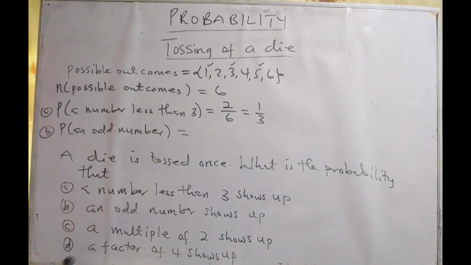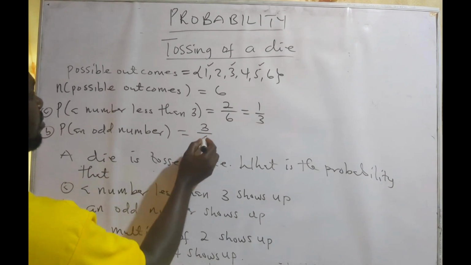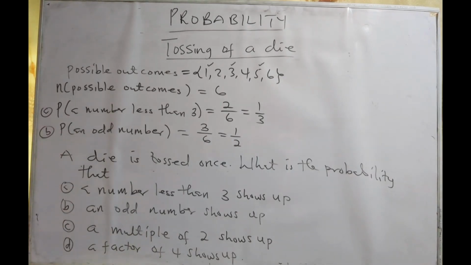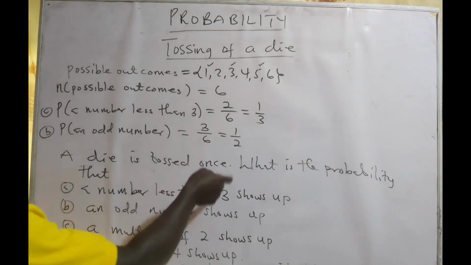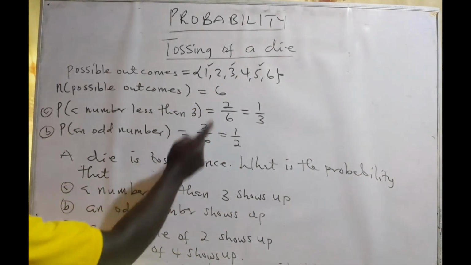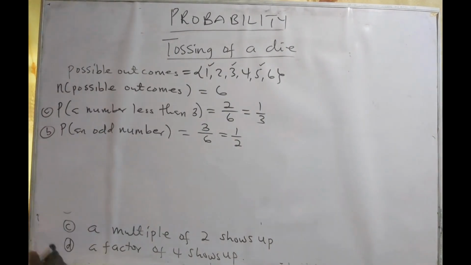These are the odd numbers. How many are there? There are 3. The number of possible outcomes is 6. So that will be 1 over 2. So an odd number showing up is 1 out of 2. That is 3 over 6, and we have 1 over 2.